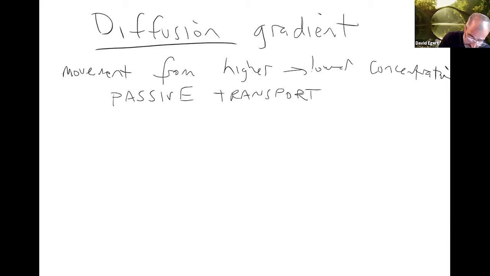You don't have to add anything to it. It's just a natural result of the movement or the energy of molecules in the world. So if I have something, whatever it is, some yellow thing, and there's a lot of them over here and not so many over here. In fact, let's just draw a boundary there to make it easier.